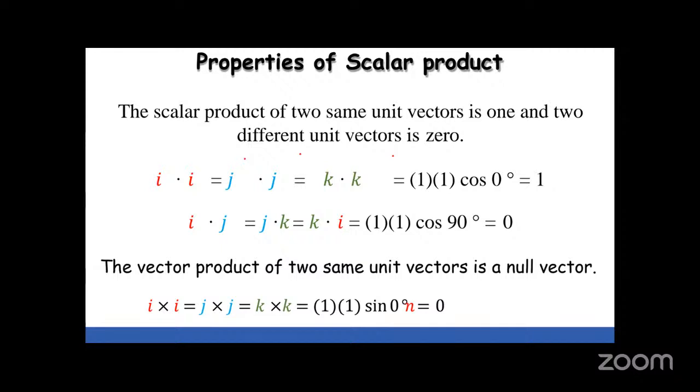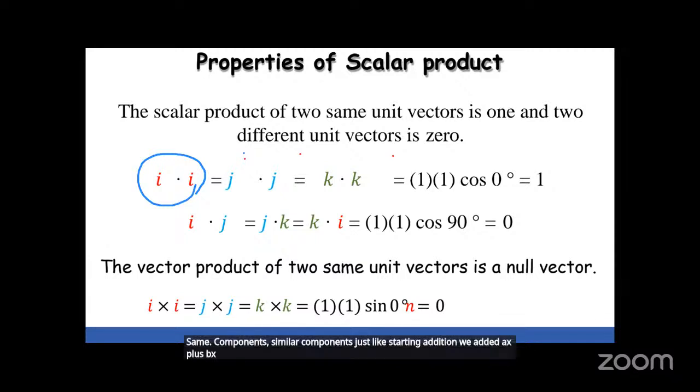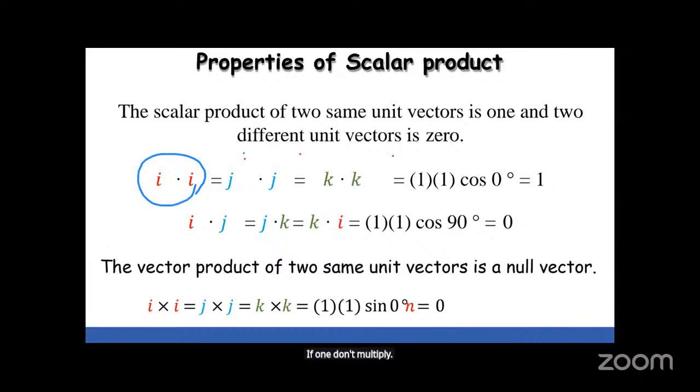So you consider same components, similar components. Just like during addition, we added AX plus BX. Similarly here, if we want to multiply applying the scalar product method, it will be by components.